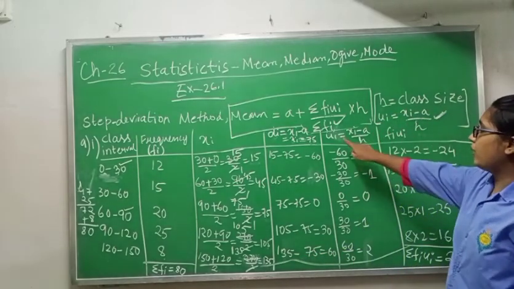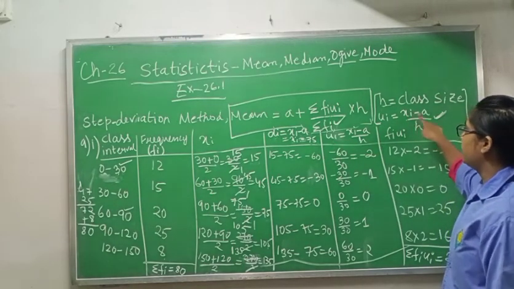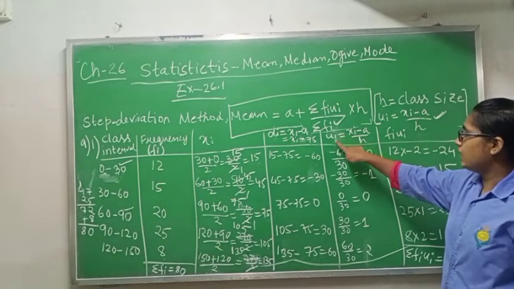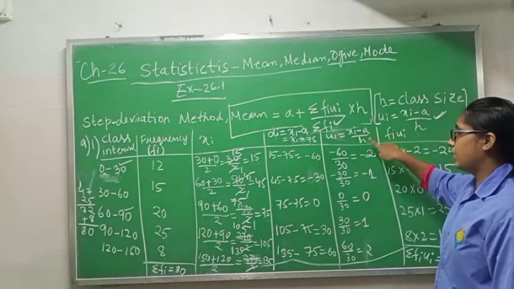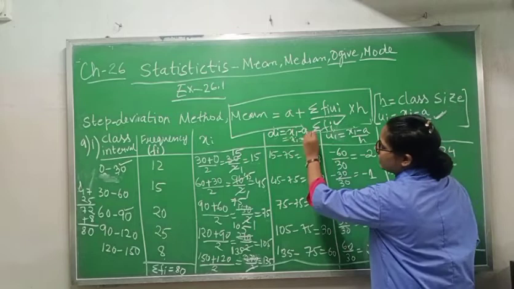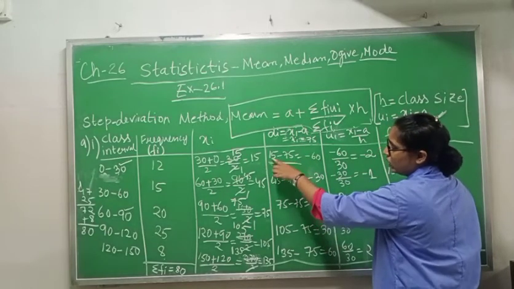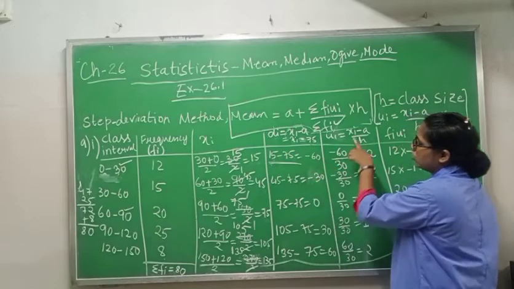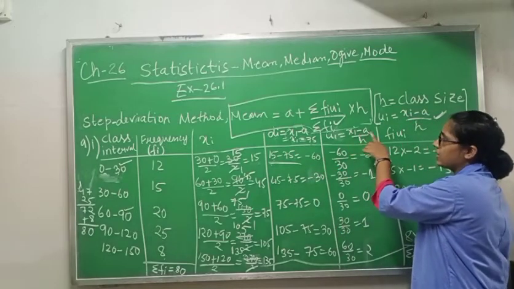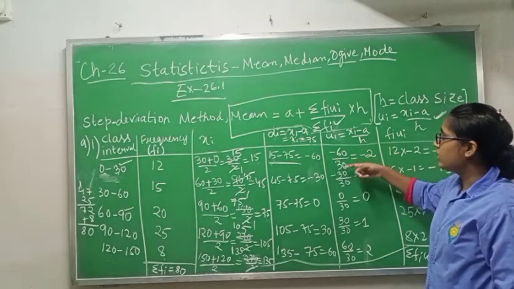Now after this you have to find ui. The formula of ui, I told you first, is xi minus a by h. So first write ui equals xi minus a by h. Now in each question you first find xi minus a. The value of h is 30.